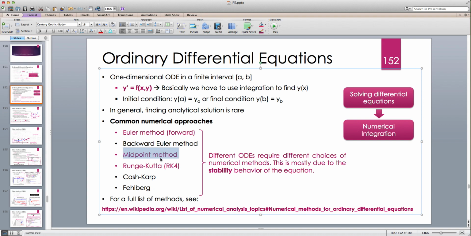And then we said that there are also other methods with higher accuracy than the Euler method. The most famous one is RK4, Runge-Kutta fourth order, and some of its derivatives like Cash-Karp, Fehlberg, and other versions of Runge-Kutta with different orders. But RK4 is the most commonly used one, so we're going to look at that.